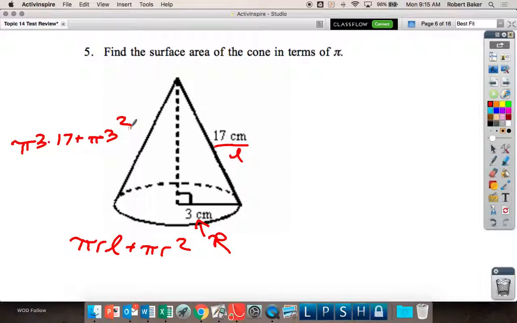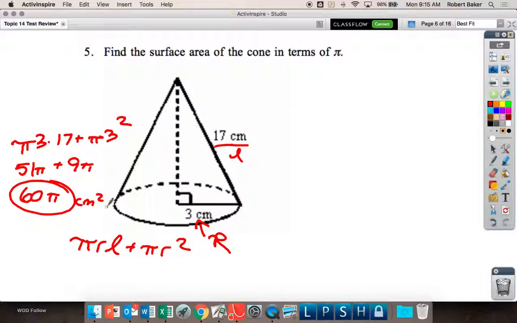If I multiply 3 times 17, you get 51 pi. 3 squared is 9 pi. So when I add those two numbers together, 51 plus 9 is 60 pi centimeters squared.